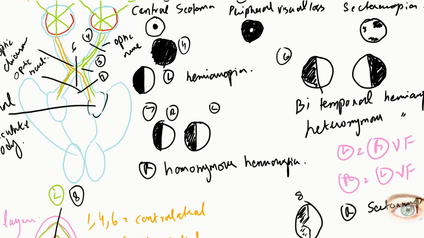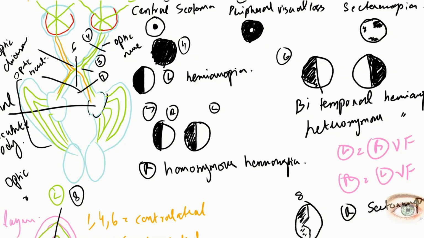Now, the fibers will leave the lateral geniculate body and they'll make two loops. This whole portion is called the optic radiation, right?